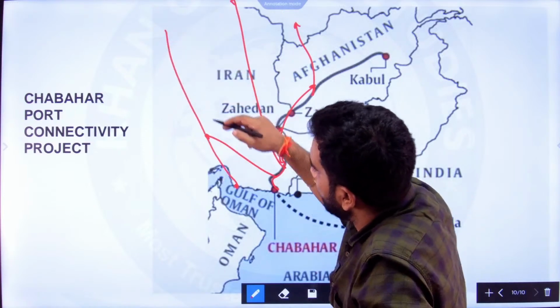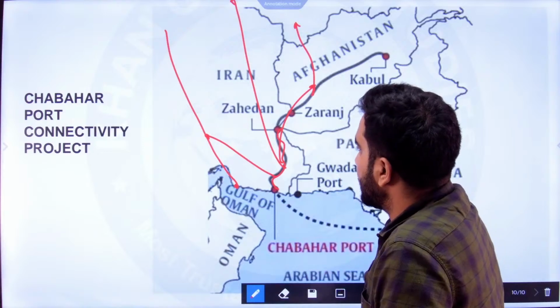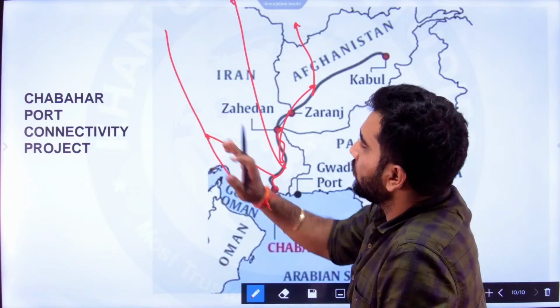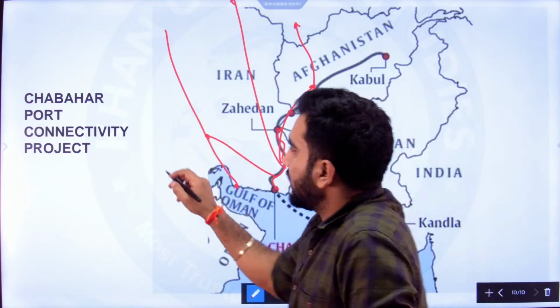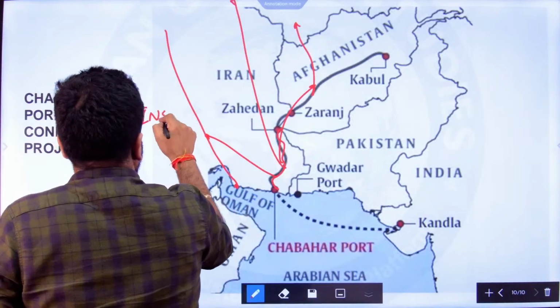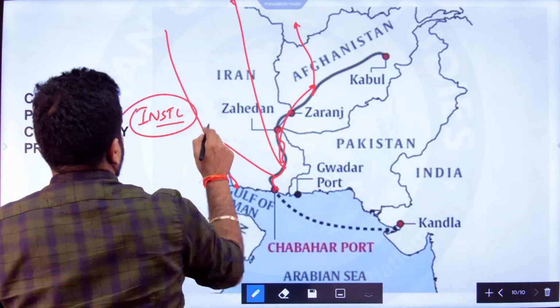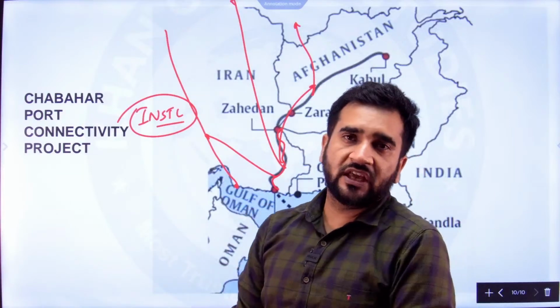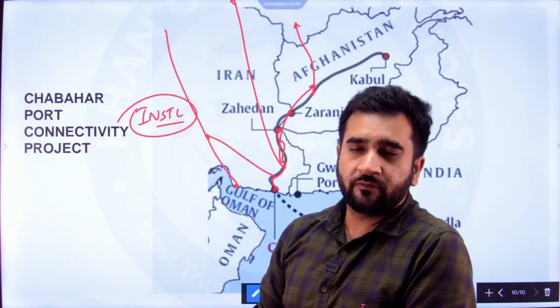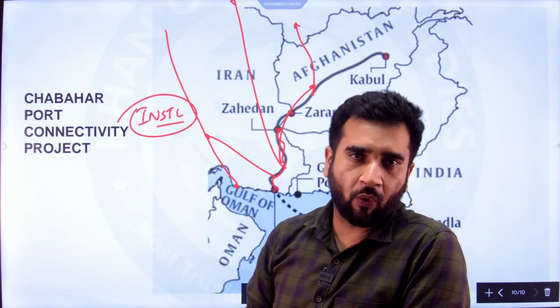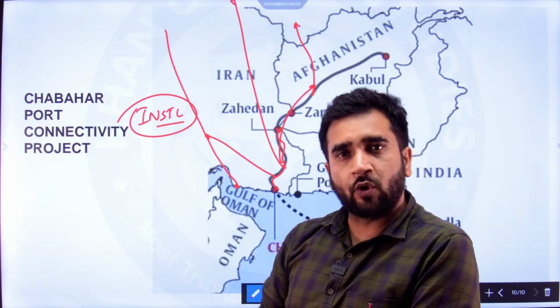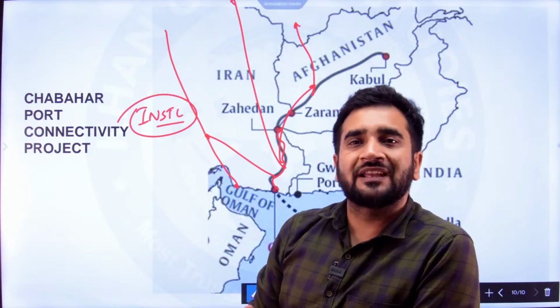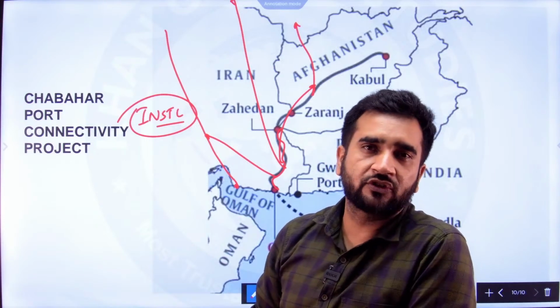INSTC is going this way. This Bandar Abbas port is here in Iran. So it can get connected to this INSTC as well. So these are the two connectivity projects which India has envisaged to connect with the Central Asian region. But yes, these have been materialized now. So this is a golden opportunity for us to increase our engagements with the Central Asian region.